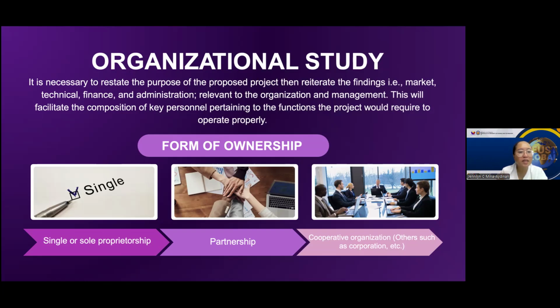The form of ownership: they choose a partnership because it allows shared investment, of course, expertise as well. The rationale: a partnership is chosen for its flexibility and ability to pool resources and skills for production and business growth. This study ensures the business is organized efficiently with clear responsibilities and ownership structure.